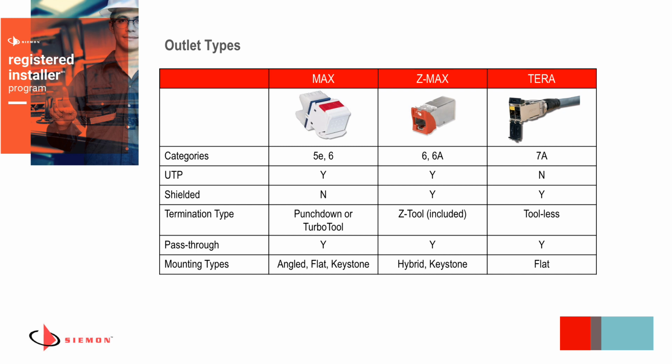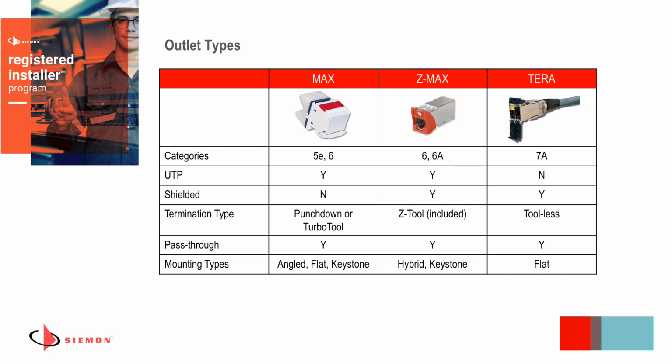It's available in a flat, angled, and keystone footprint. So if you want to mount it angled, you order the angled version. If you want it mounted flat, you order the flat version. And the Keystone version that we have is available for use with third-party products. So maybe there's a poke-through in the floor, some type of floor box or conference table box. They'll usually have an opening for a quote-unquote Keystone style opening, and that's what you'd use the Keystones for.